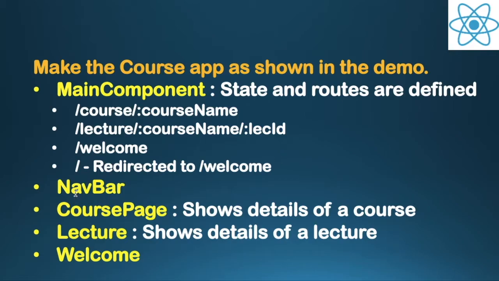Then the other components we need are navbar, course page, lecture, and welcome. So whenever we are creating such an app, it is good to draw a construct of the components that you want and the routes that you are looking to implement. It typically helps you in structuring the whole application. So let's go ahead and implement it now.